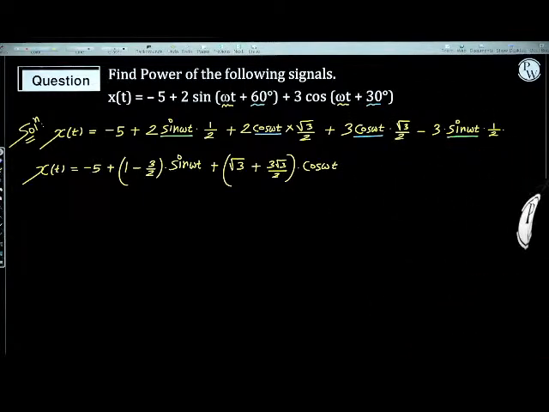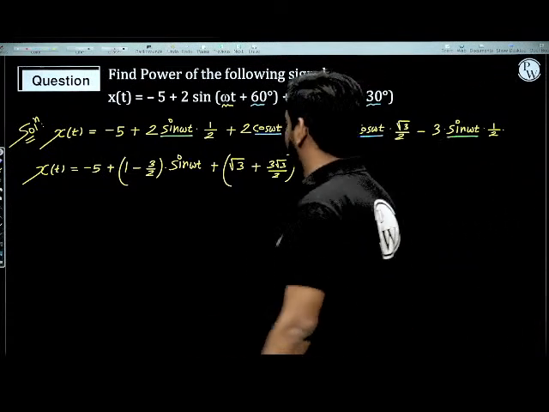All of you please check once. Correct? So root 3 plus 3 root 3 by 2 times cos omega t. Okay, this is correct.